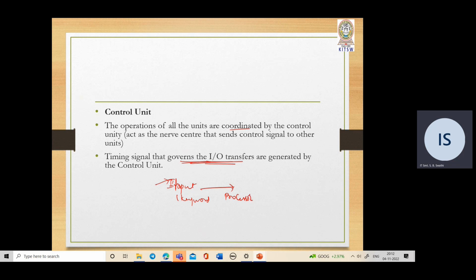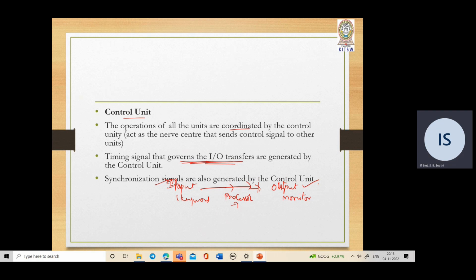Whatever expression you are trying to evaluate will be executed, and control will be with the processor. Once a result is obtained, it will be sent to the output device, that is the monitor. Then control will move to the output device. In this way, control will move from one module to another, which is done using the control unit.